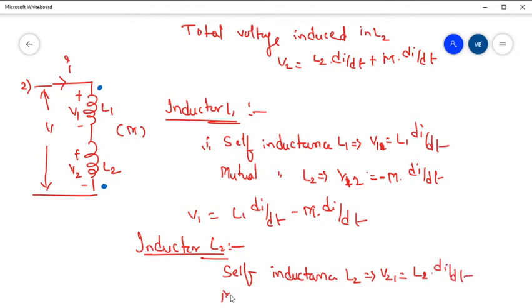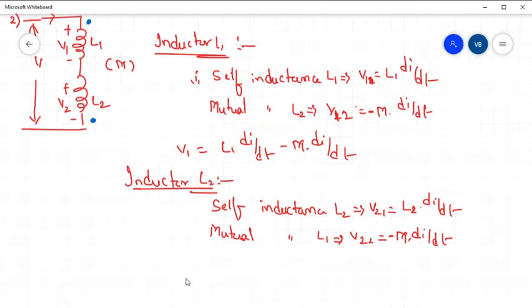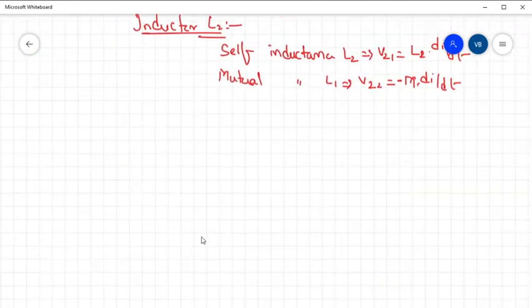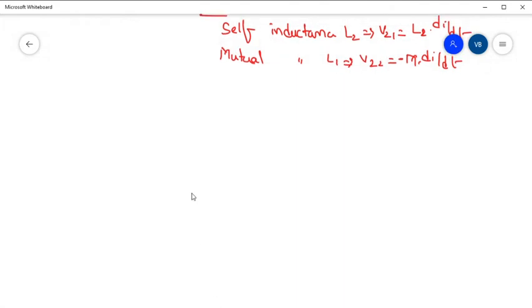Then the mutual inductance by L1, V22, equals M into di by dt, but both are opposite, so we should take negative. So what is the total voltage? V2 equals L2 into di by dt minus M into di by dt.